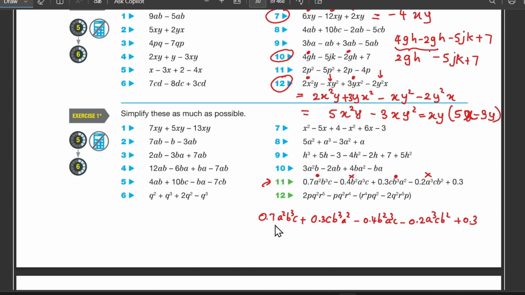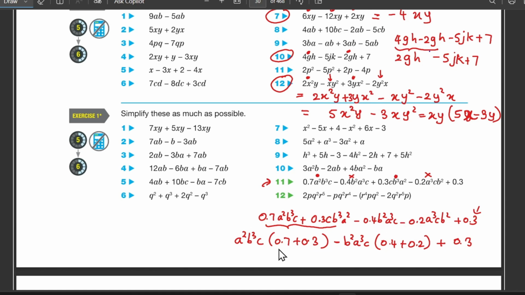Okay, so by looking at these two, we can take a common factor out. So we get a squared b cube c times (0.7 plus 0.3). And by looking at these two also, we can take minus b squared a cube c out. Then we get 0.4 plus 0.2 inside the bracket. And again, we are left with the last term 0.3.